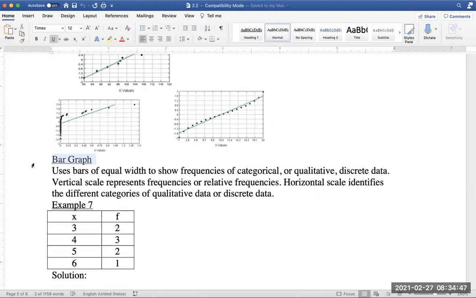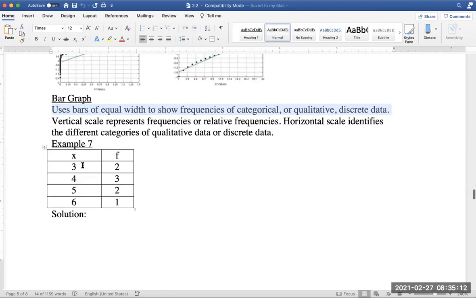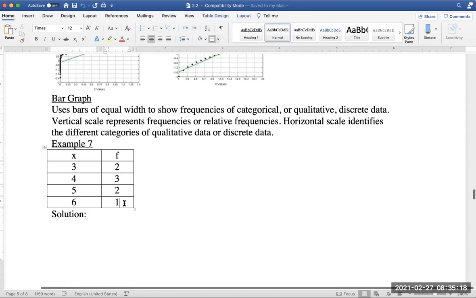A bar graph is very similar to a histogram. A bar graph will use bars of equal width to show the frequencies for categorical, qualitative, discrete data. Here I have two numbers, so 2 3s, 3 4s, 2 5s, and 1 6.